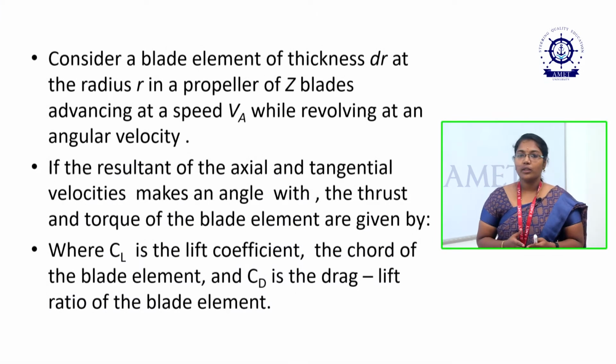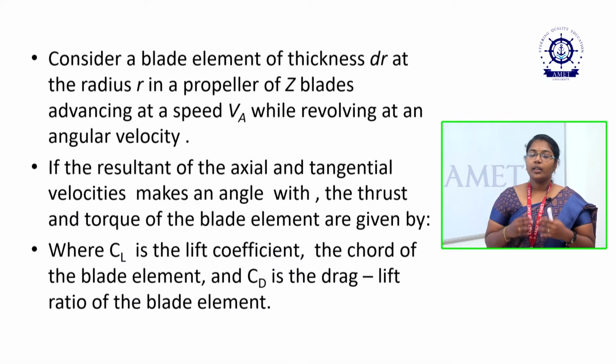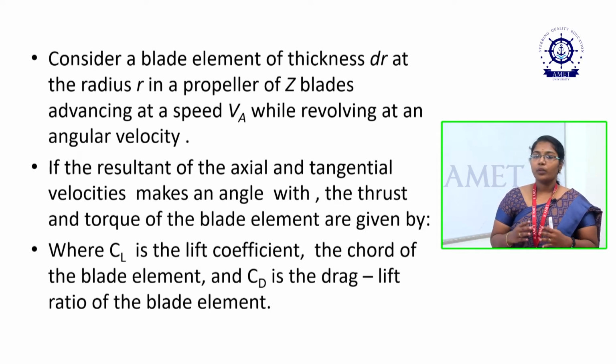As I showed in the diagram, we are taking a number of blades denoted by Z, and the blade element is r plus dr. So, we have to take the lift and the drag.